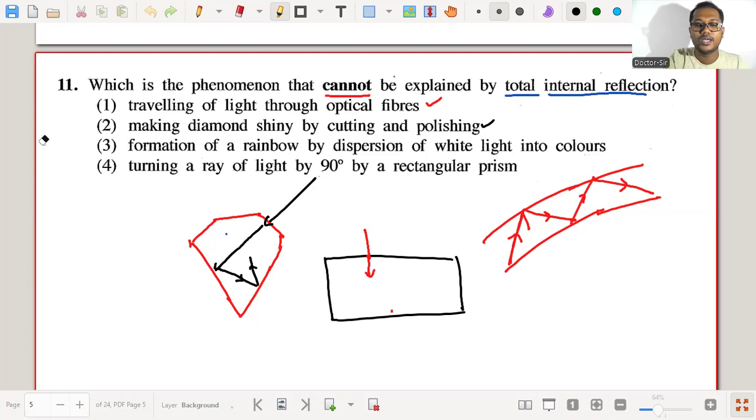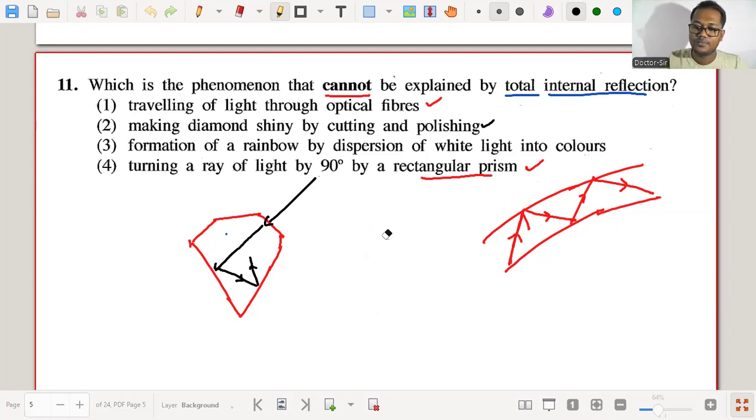That we can also explain by the rectangular prism. Here also it is entering the prism at 90 degrees, then it will go and hit there and total internal reflection will happen. We can explain it by that phenomenon, right?